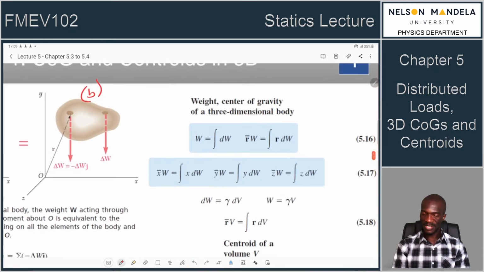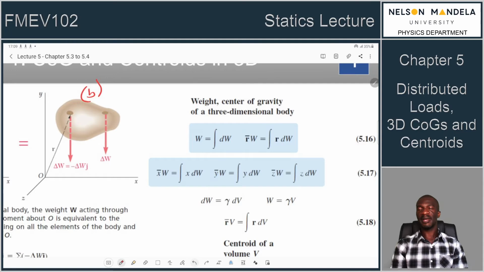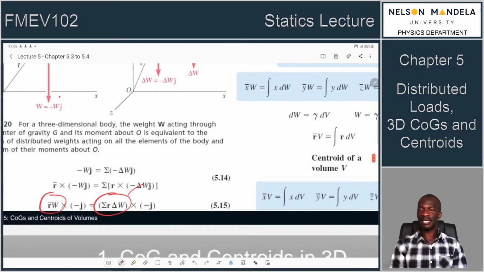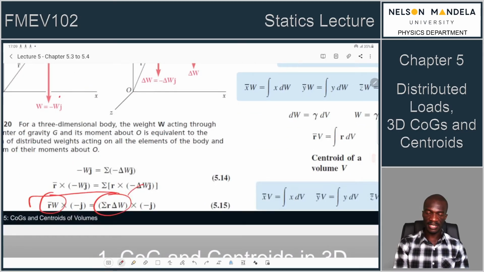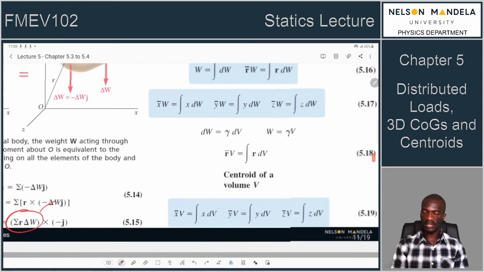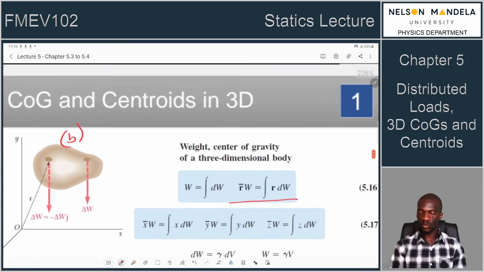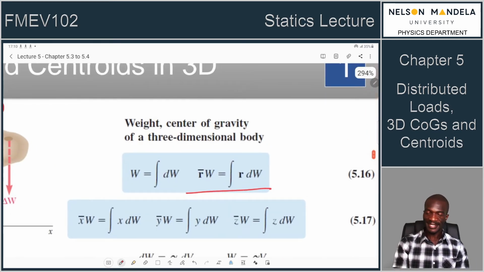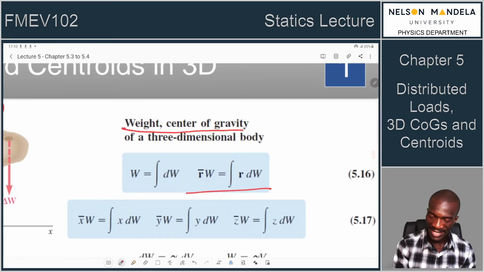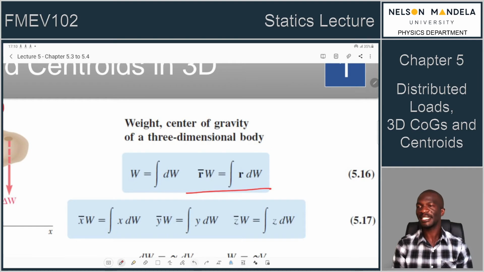In other words, we are coming up with an equation which describes our weights in the following format: if we integrate, which is the realistic case, those two that we have circled there, we will get a function which is like that, which is in equation 5.16. So this is the method of finding the weight center of gravity of a three-dimensional body.